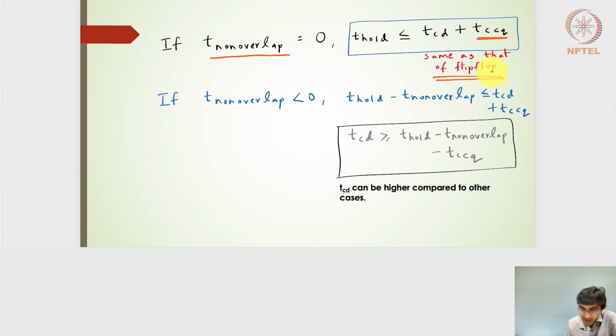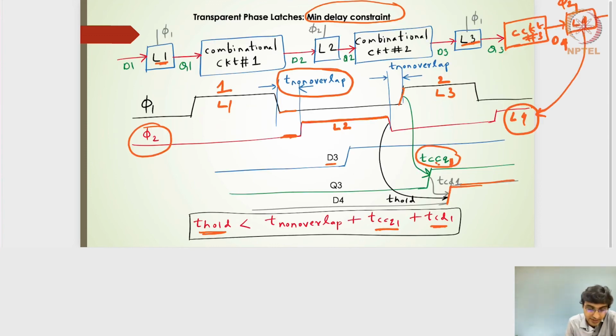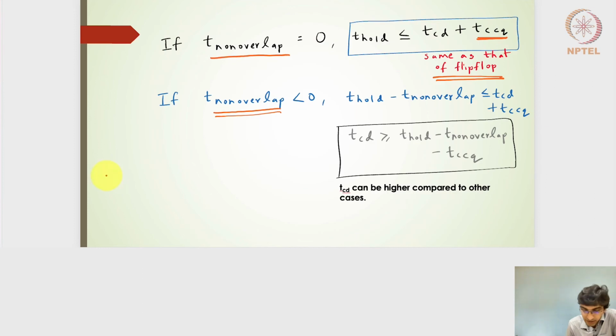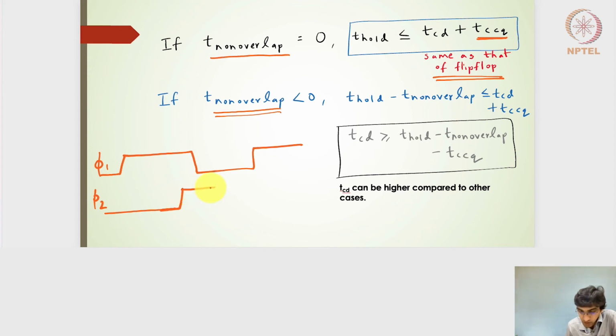Now the other condition is, what if the T non-overlap is negative? If I go back to the previous slide, you can see that there the T non-overlap is positive. If it is negative, that means I will have clock 1, and clock 2 will have some positive overlapping time.